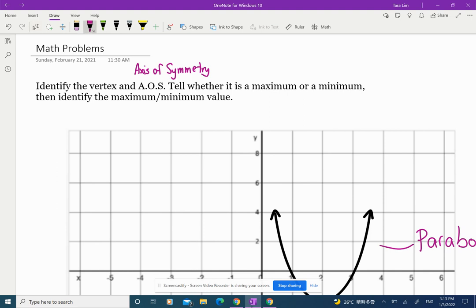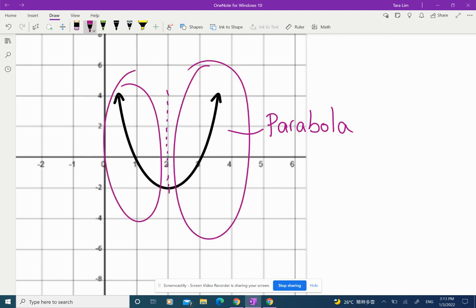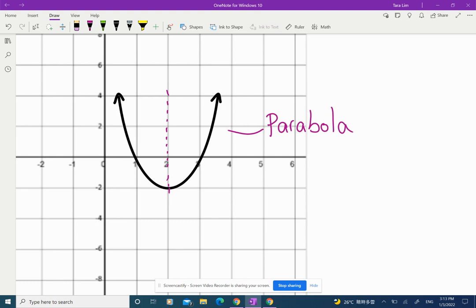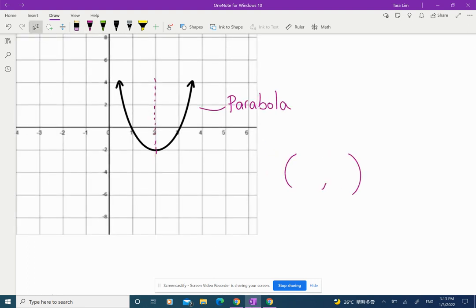So first, let's identify the vertex. Now the vertex here, as you can see, this parabola is symmetrical and it goes like this. Everything on this side is symmetrical to this side. In order to identify the vertex, remember that a vertex is always a coordinate. So how do you know the vertex?